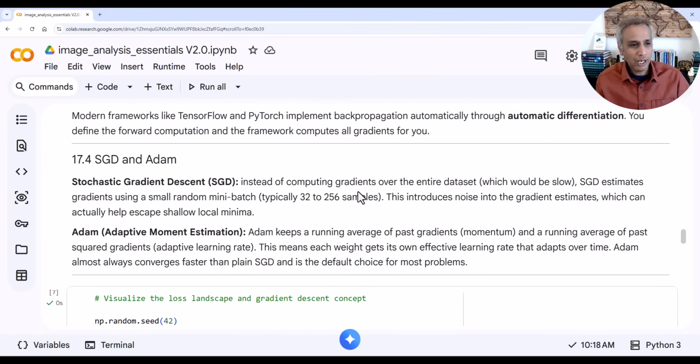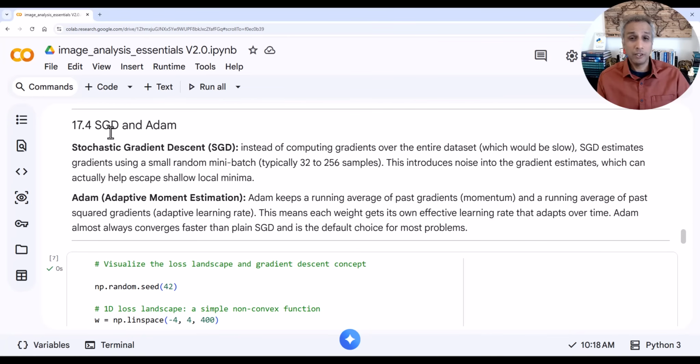And now you also have another term in deep learning that you'll hear quite often, stochastic gradient descent, and another optimization algorithm called ADAM. Now, we just talked about backpropagation. Instead of computing gradients over the entire data set, which would be extremely slow because you have millions and billions of examples, SGD, stochastic, it's in the name, estimates gradients using small random mini batches.